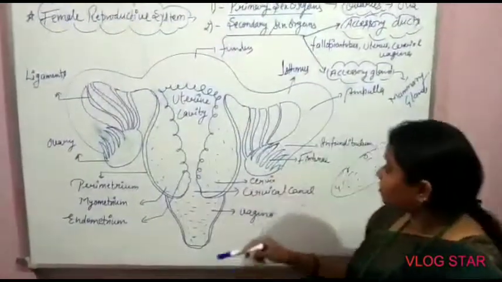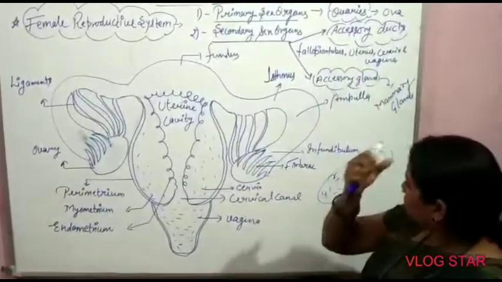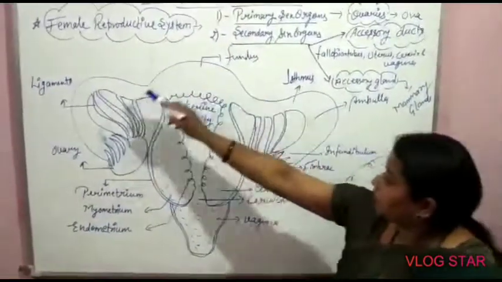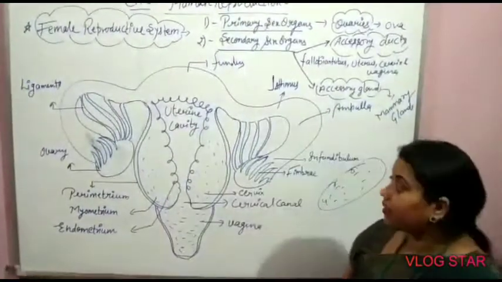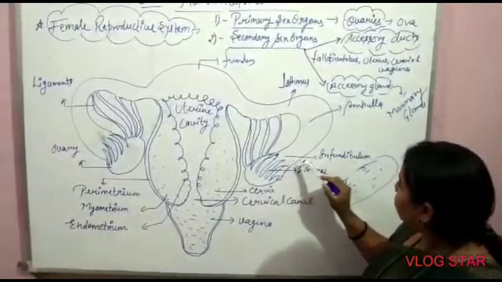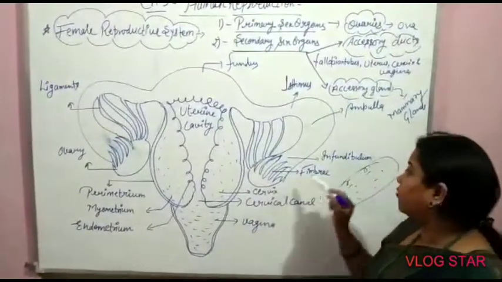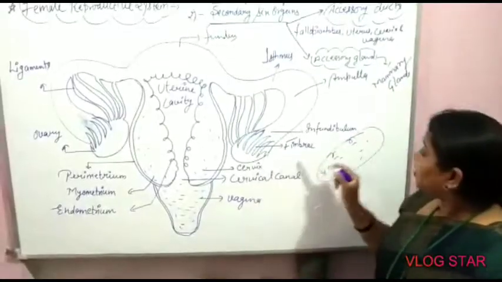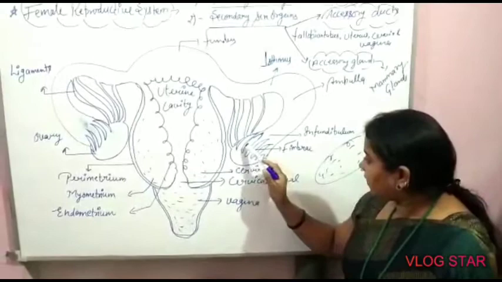Now, second part of the accessory ducts, that is the fallopian tube. Fallopian tube is approximately 7 to 12 centimeter in length. The ending portion of this fallopian tube is a funnel shaped structure called the infundibulum, and this infundibulum produces many finger-like projections.